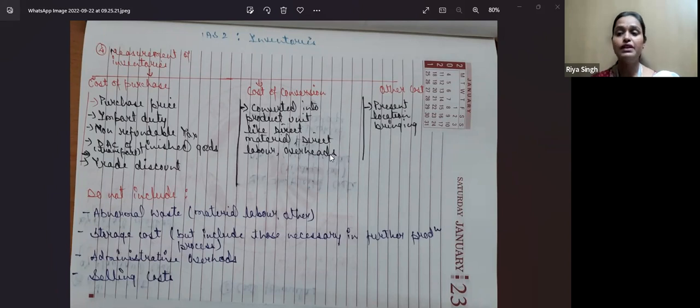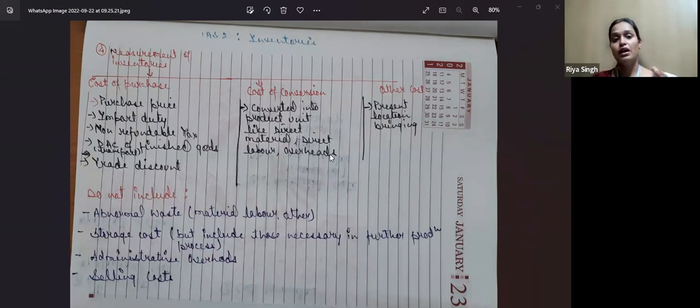After having the cost and the net realizable value, you have to compare which amount is less. If the cost is less, that amount only will be recorded in your financial statement. If your net realizable value is less, in that case that will be treated as the amount of inventory in your financial statement.